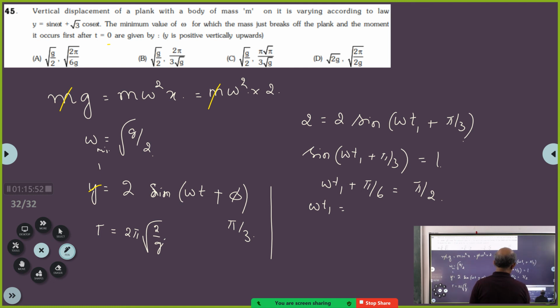Sorry, it should be omega t1 plus pi by 3, so pi by 2 minus pi by 3, pi by 6 less. We will get pi by 6. Right, we will get pi by 6.